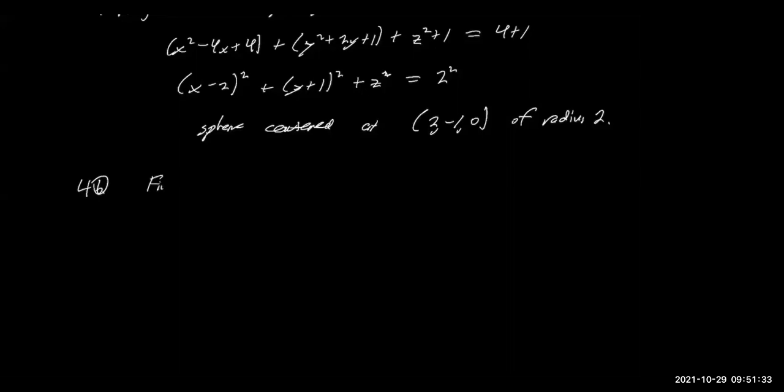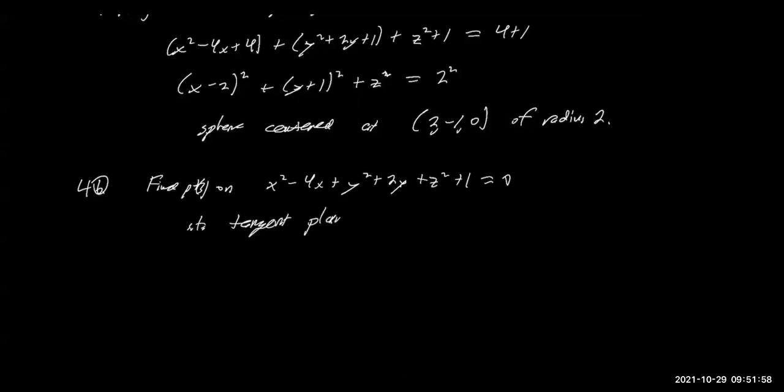It was like find the points, maybe plural, on this same surface such that the tangent plane at that point is parallel to the YZ plane. That's what problem 4B says.